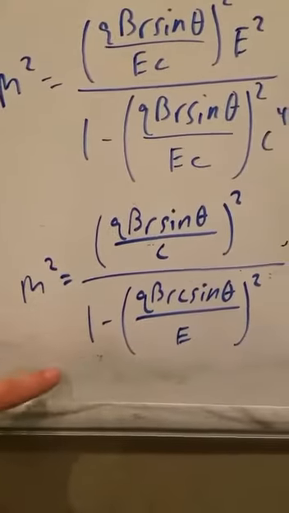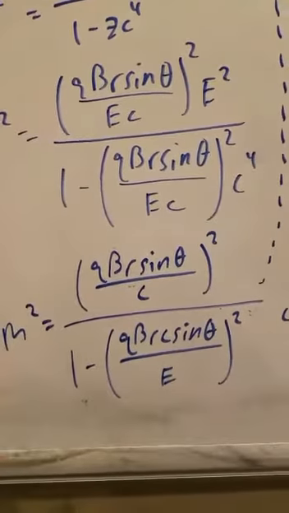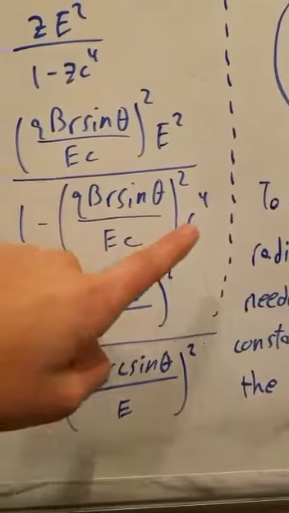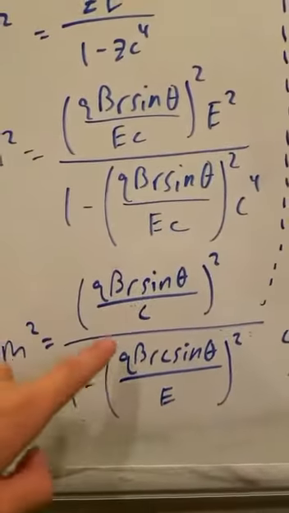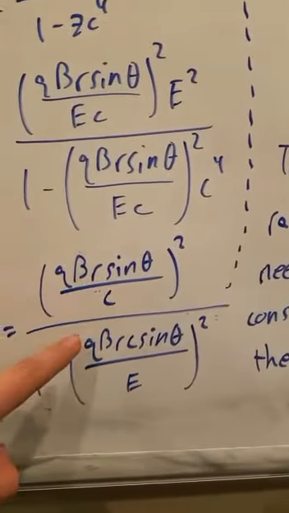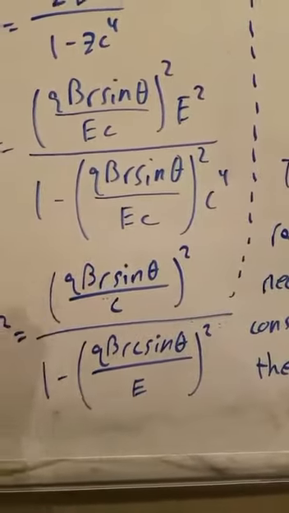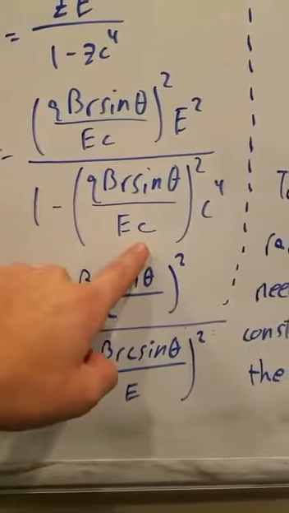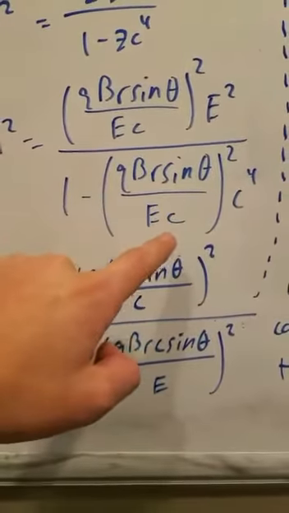But this is essentially what happens, and the reason you go between this step and this step is that this e is squared, but then you multiply by e squared, so that goes away. So that's why you have this q beta r sine theta over c, but that's still squared. And then over here, the c to the fourth is going to cancel with this c squared. So you'll have c squared in the numerator.